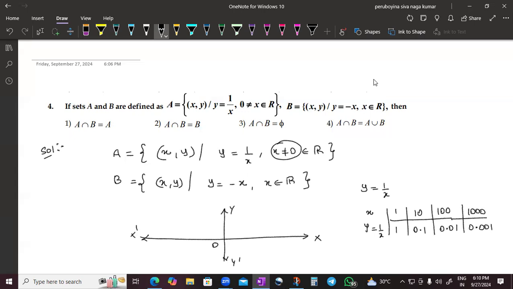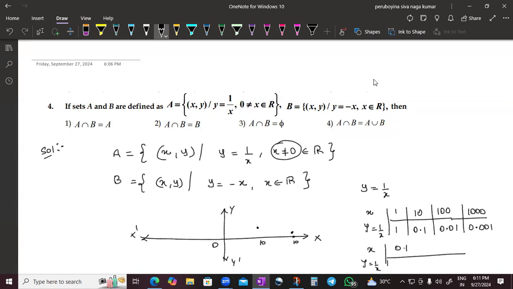That means if you are moving to higher values of x, for example, 100 is here around and we are getting 0.001 somewhere here. If x is 10, we are getting 0.1 somewhere here. If x is, for example, 0.1, then what is y equal to 1 by x?